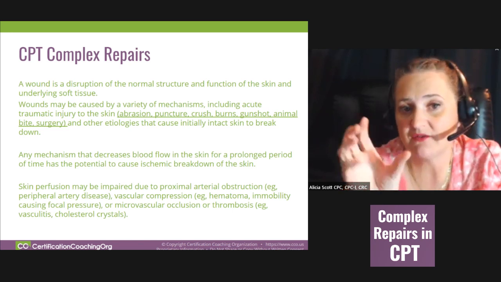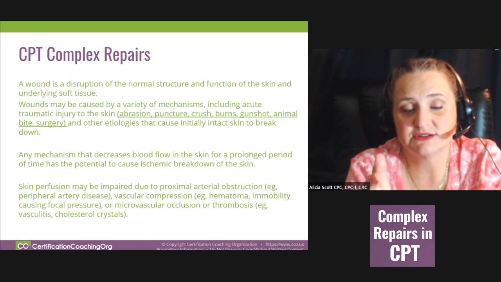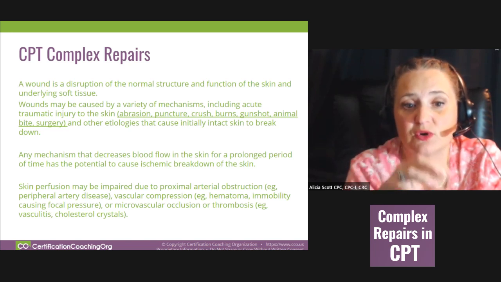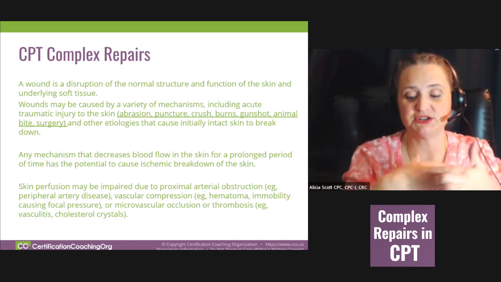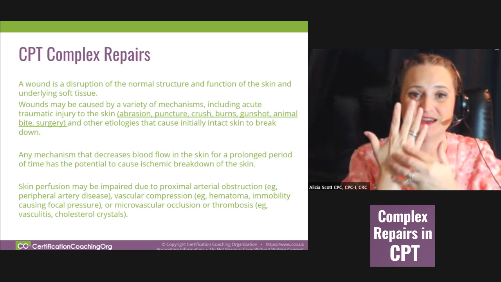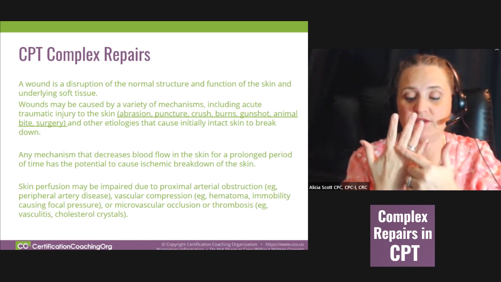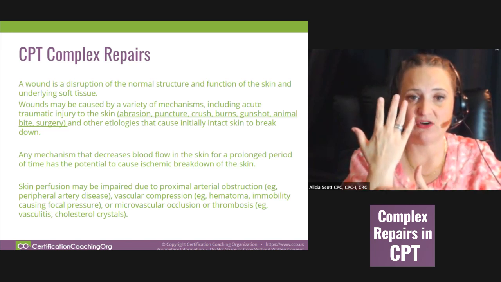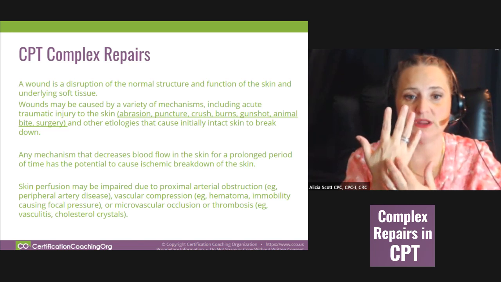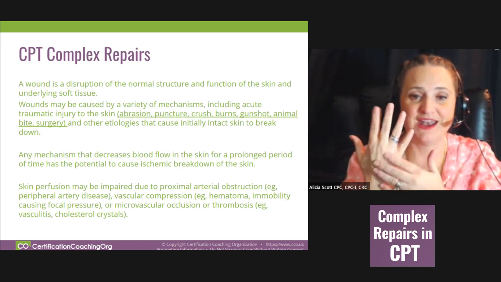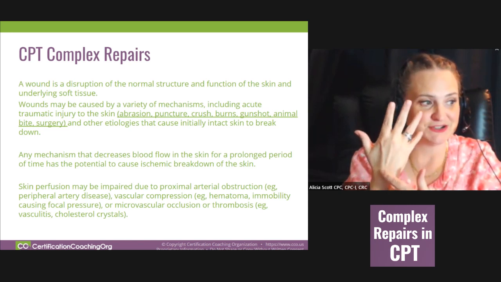So when you have a wound and they're telling you here you've got a disruption of normal structure. Again, like I said, we've got a laceration here. There's not a whole lot of meat on the top of your hand, right? And so whenever you have a laceration, if it was that long, a traumatic laceration, a lot of really important anatomy is in there. I'm looking to make sure it's showing up well.